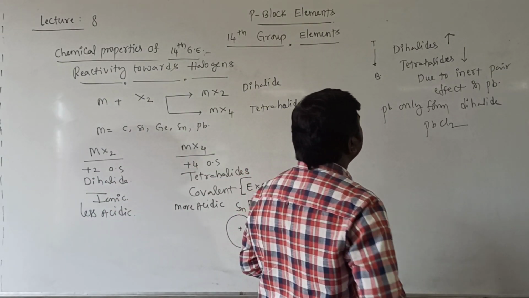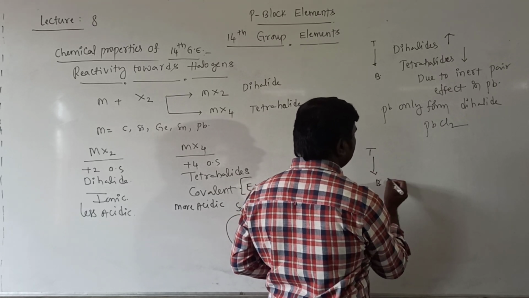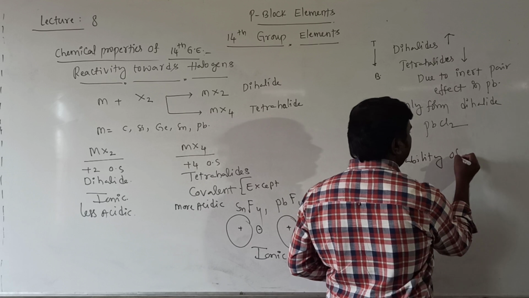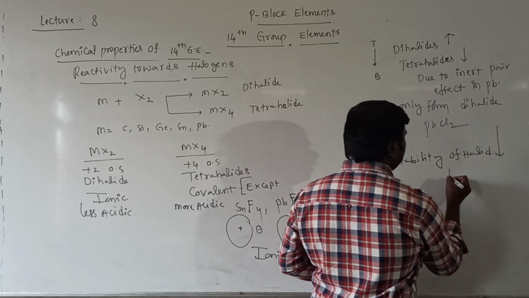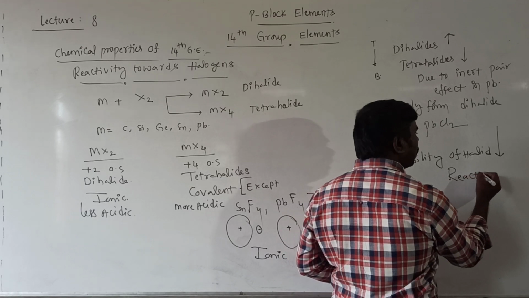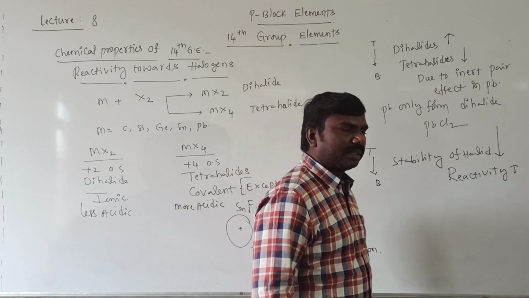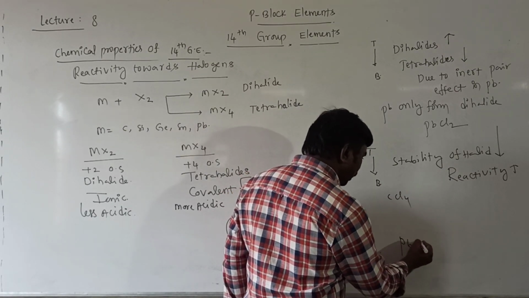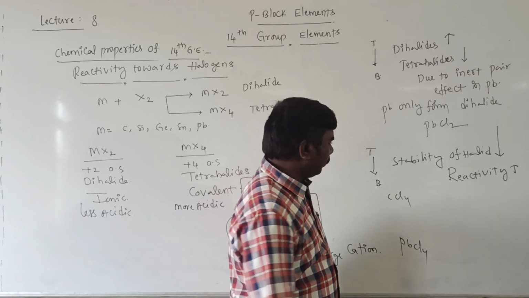Now, top to bottom, the stability of halides decreases and reactivity increases. Correct? Take CCl4 and the last one, PbCl2. Carbon is the top element, lead is the bottom element.